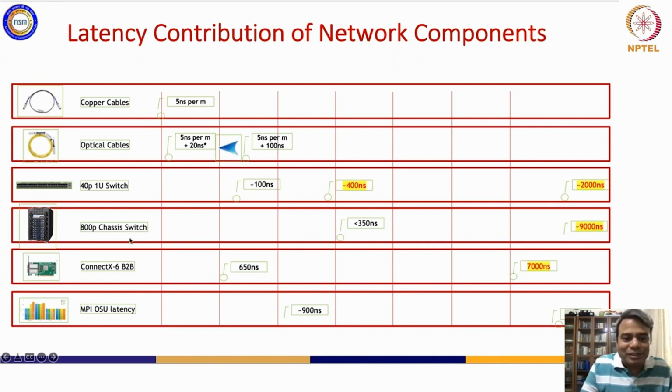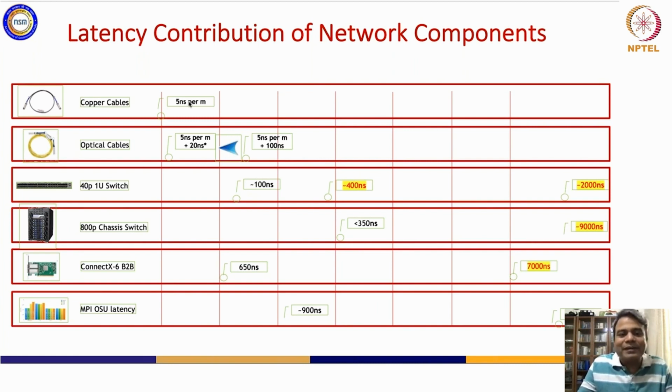So just to summarize, the latency of the media is actually 4 to 5 nanoseconds per meter, and it's a hard limit. Why? Speed of light. Light travels at 3 lakh kilometers a second, which corresponds to certain nanoseconds per meter.